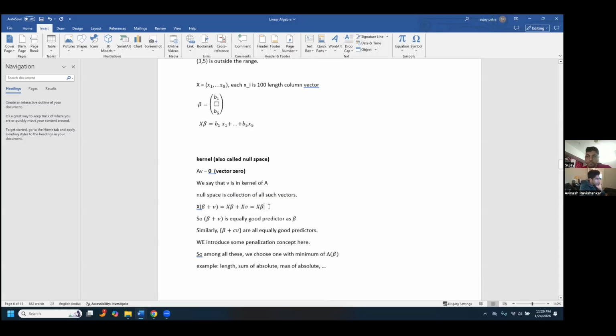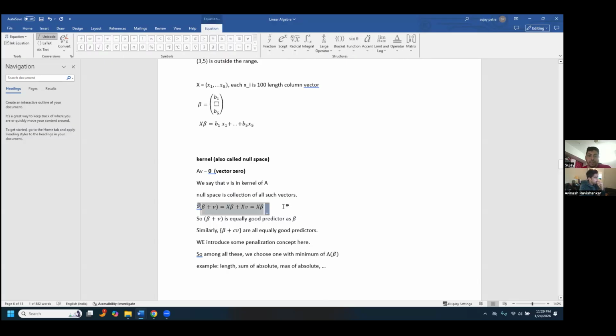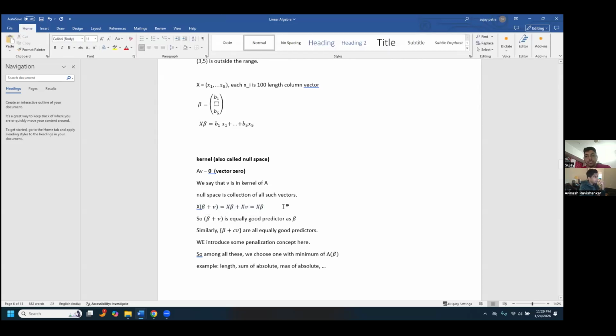So beta plus v is an equally good predictor compared to beta. Similarly, I can do beta plus 2v, 3v, any c times v, just because v is in the null space.